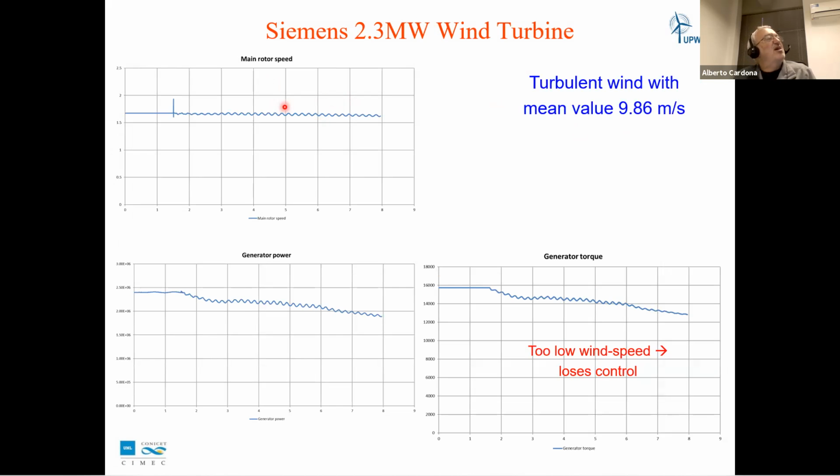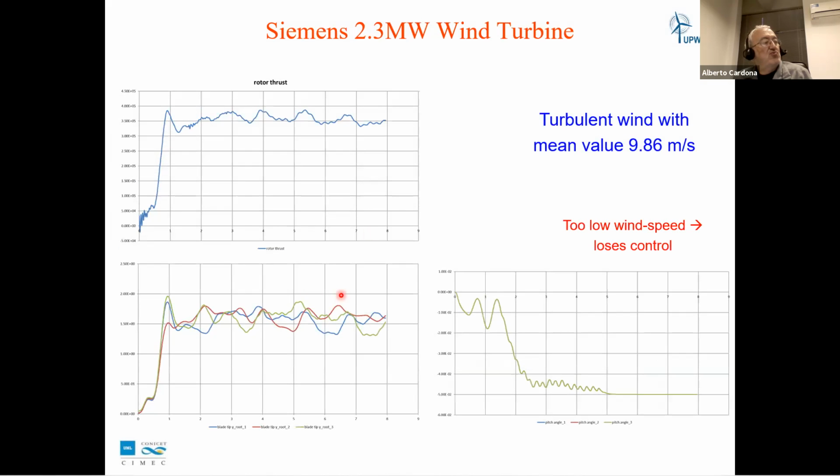And we see here the rotor speed, the oscillations, again, the oscillations produced by the blade passing in front of the tower. And the problem we had in this simulation was that this mean value was very low with respect to the expected power. So the torque and the power decreased, and the model was not able to sustain constant velocity.